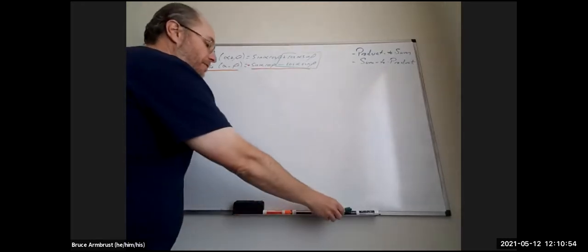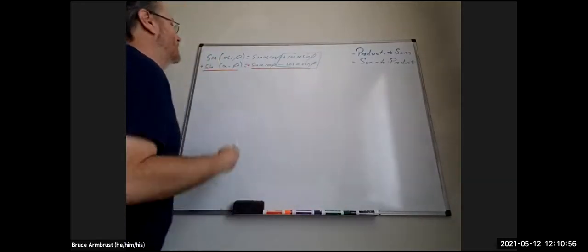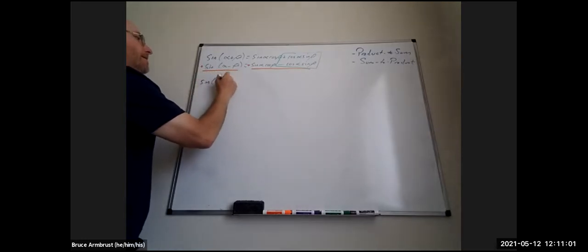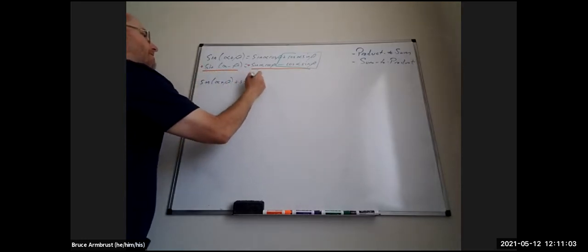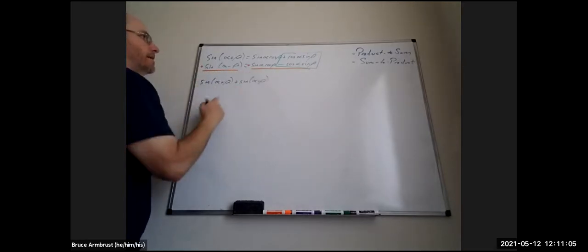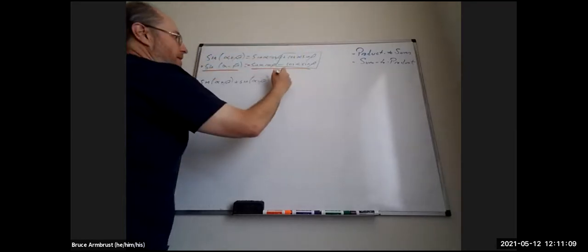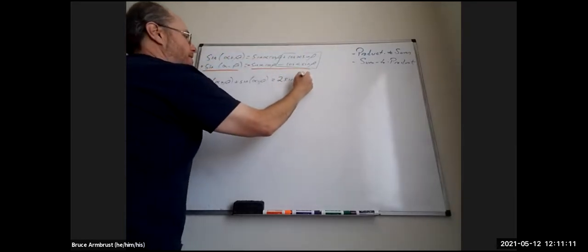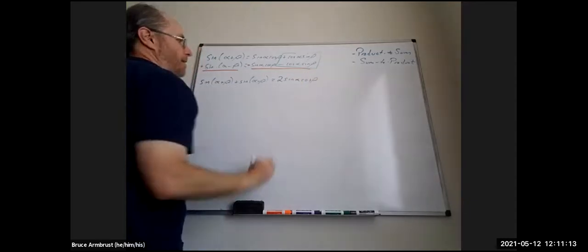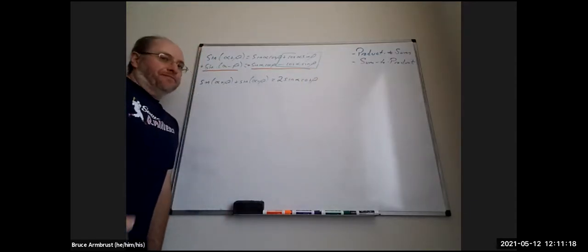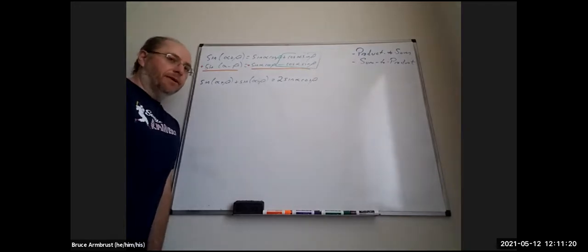All right, well, if you do that, check out what happens. So on the left here, we're going to have sine of alpha plus beta, and we're going to add to it sine of alpha minus beta. And on the other side, that stuff cancels, and we're left with 2 sine alpha cosine beta. Well, okay.